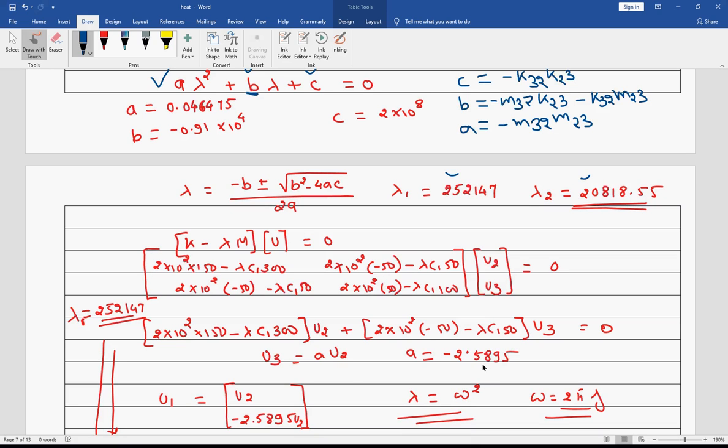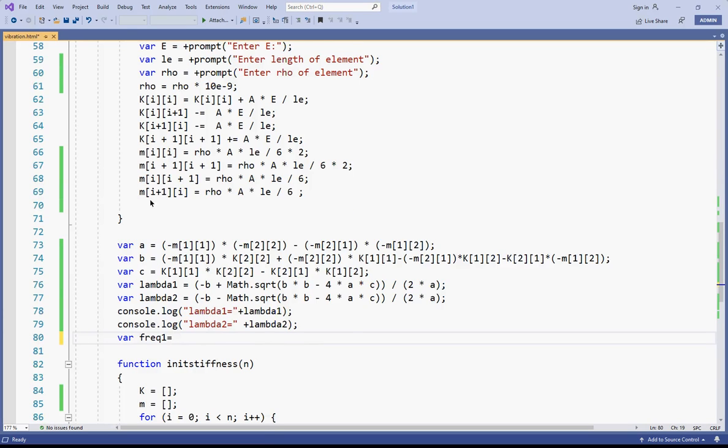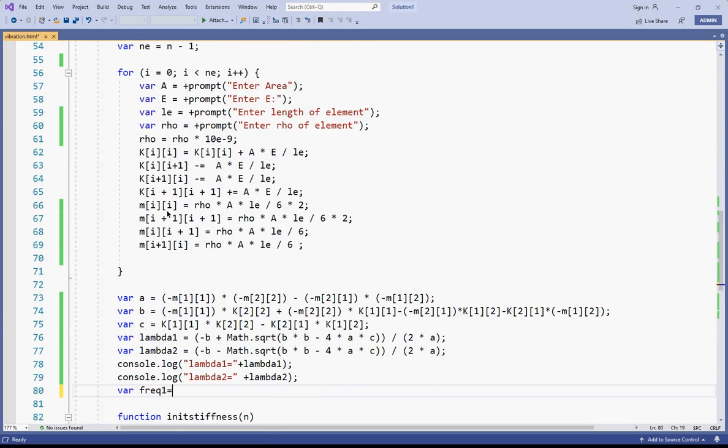For the mass matrix, use plus instead of the replacement. That will also be a problem. So every time it has to be plus.